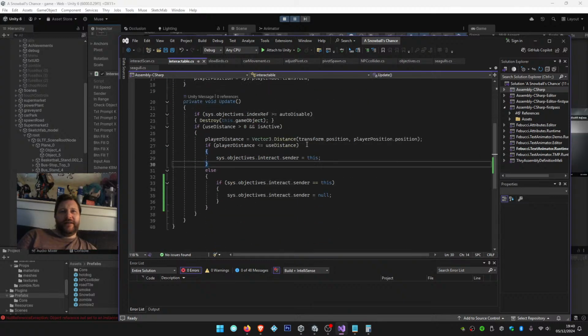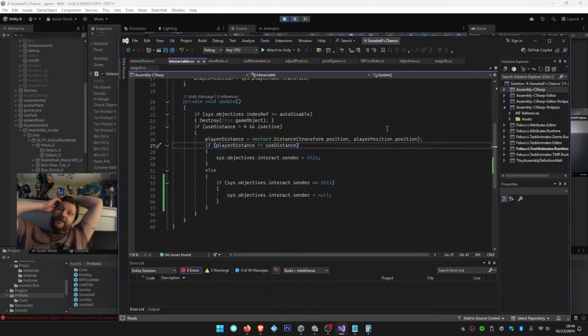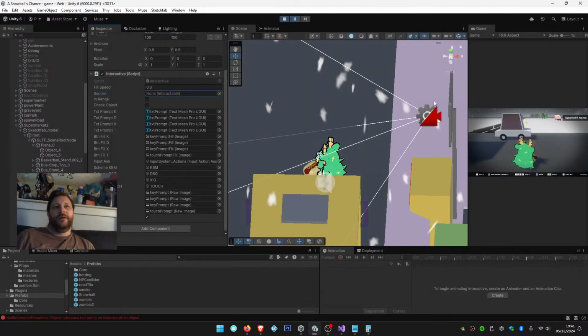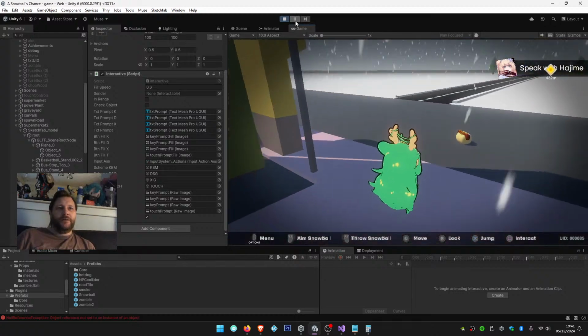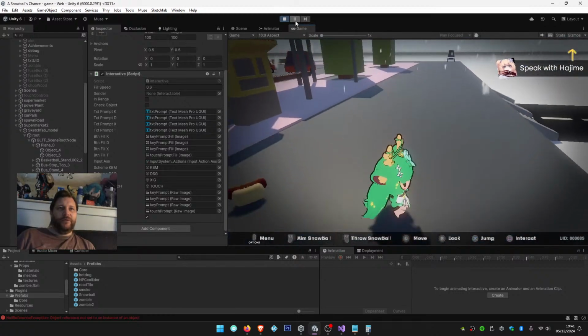If play distance is less than or equal to distance, system objects interact.sender equals this. Else, if the sender is this, then nullify it. Because this is potentially game breaking and I don't know why it's happening. All the other hot dogs work. There might have been one more hot dog that didn't work. I think I found two that weren't working.